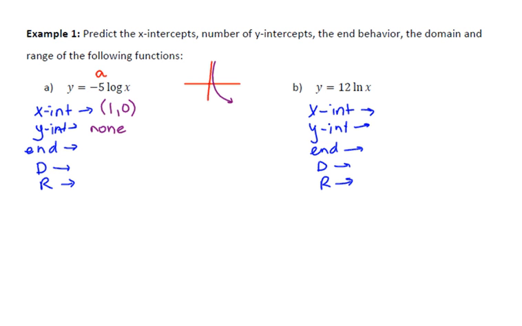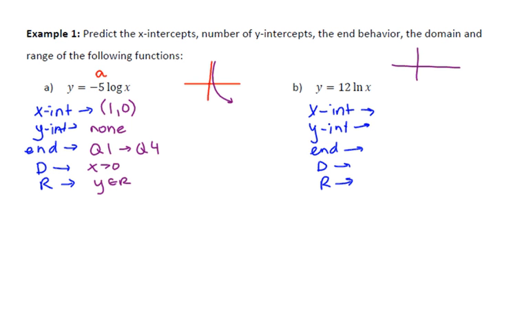End behavior from quadrant 1 to quadrant 4. Domain: x is greater than 0. Range: all real numbers. Okay, this guy, without even looking at it, increasing or decreasing log?